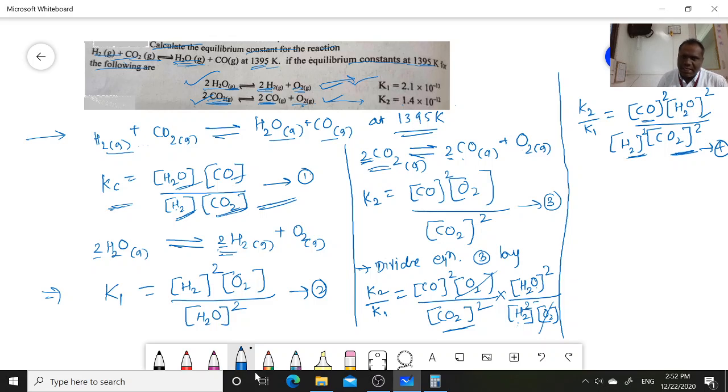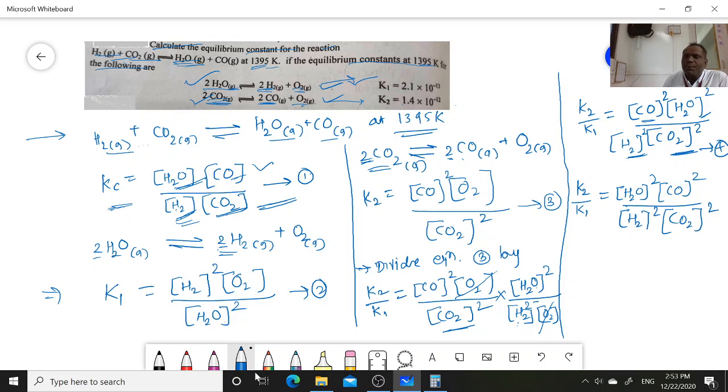Therefore this equation can be written in this format. That is, K2 divided by K1 is equal to, first, H2O square we can write. Next term is CO, we can write the concentration of CO square. Next term is H2 on this side, therefore H2 square, and CO2 square.